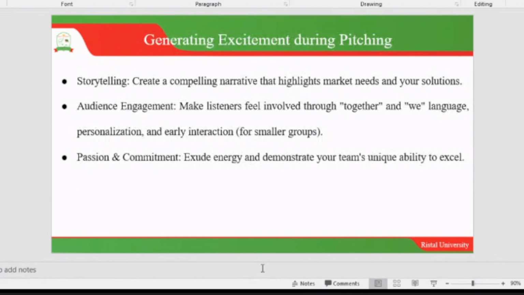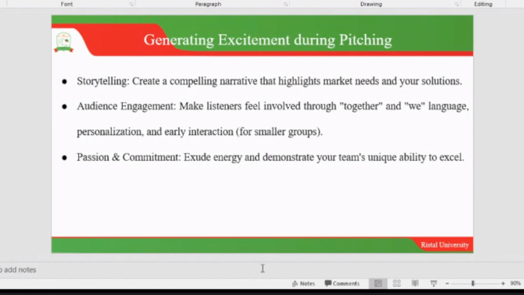Another key aspect of pitching is generating excitement during the pitching, and this can be done through storytelling, where we want to create a compelling narrative that highlights market needs and how your solution is going to meet those needs.